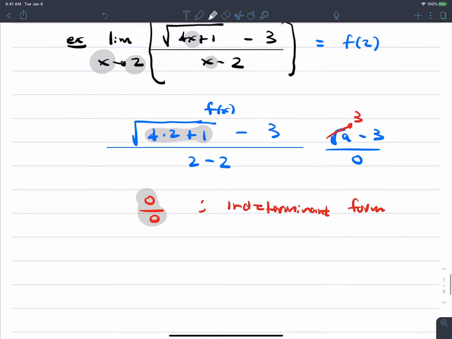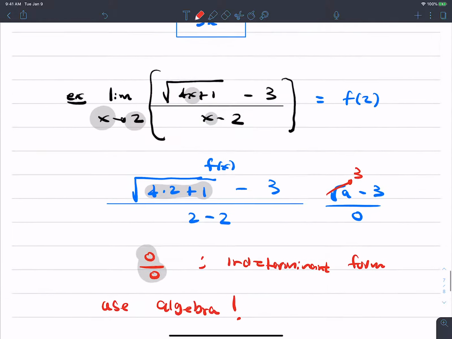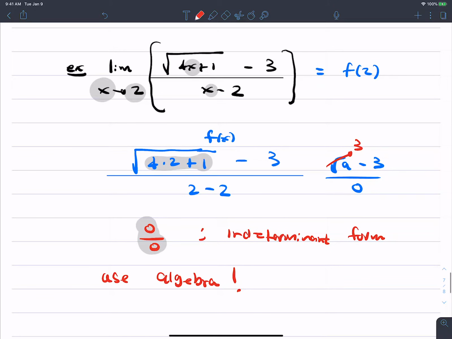Okay, so if it's indeterminate, the idea is to use algebra. So you get to use some algebra. All right. Well, using algebra, you might say, what do I use algebra on? Well, I'll go back to the original function here. Go back to f. You have the square root of 4x plus 1 minus 3 over x minus 2 now.